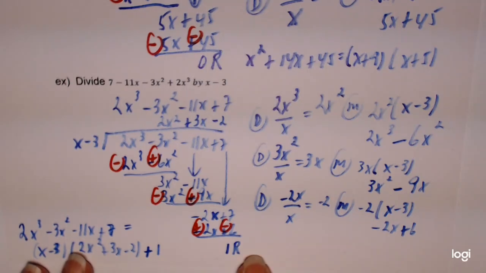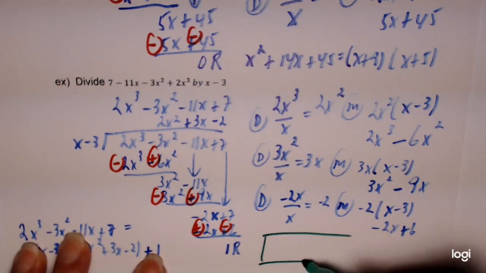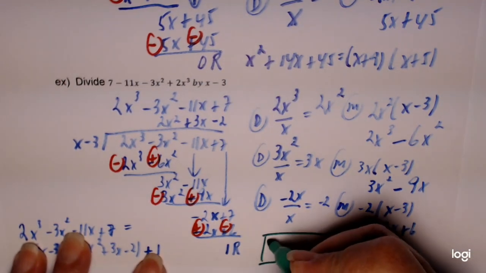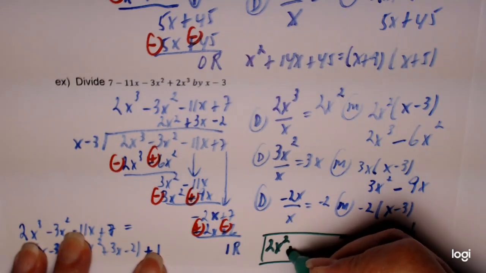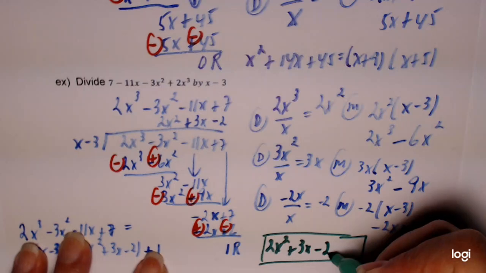So this answer, this is kind of chock-a-block full here. The answer here would be 2x squared plus 3x minus 2.